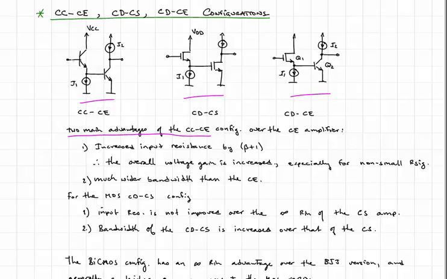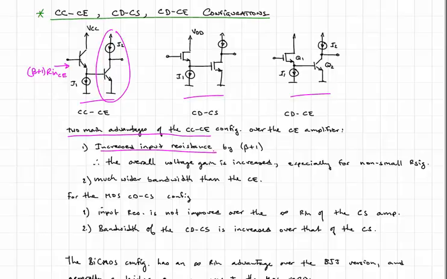So whatever the input resistance was to this common emitter stage, when we look in through this common collector stage, we see a resistance that's beta plus 1 times the R_in of the common emitter stage. So we see an increased input resistance, and therefore the overall voltage gain is increased, particularly when R_sig, the resistance of the signal source, is not small.